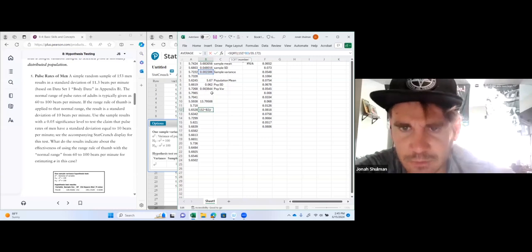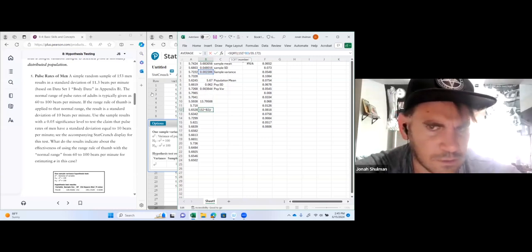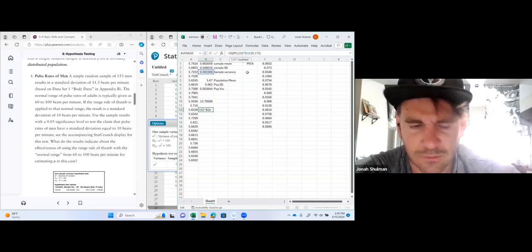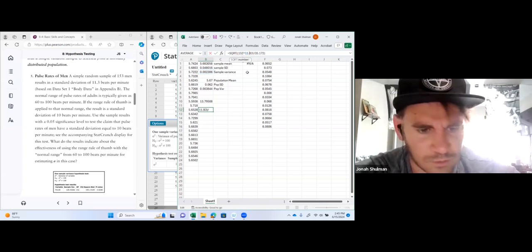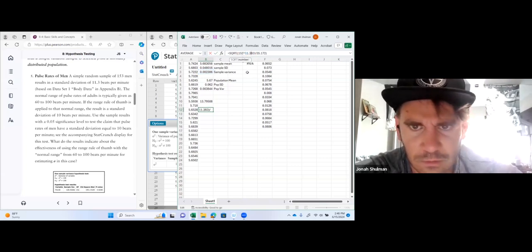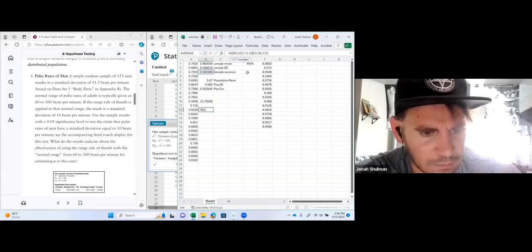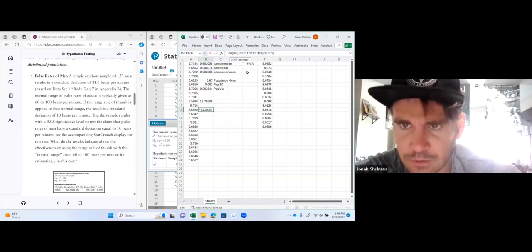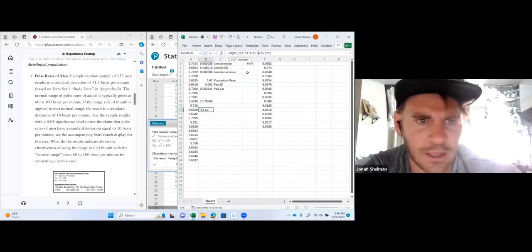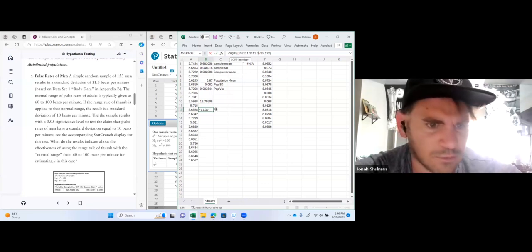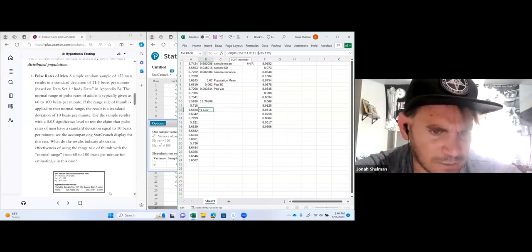Now I need my sample variance. And they're saying that the sample variance is 11.3 times 11.3. So that's what I'm going to do. And we also need that value on the bottom.